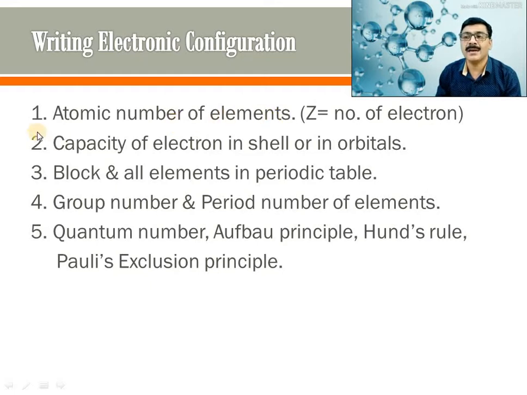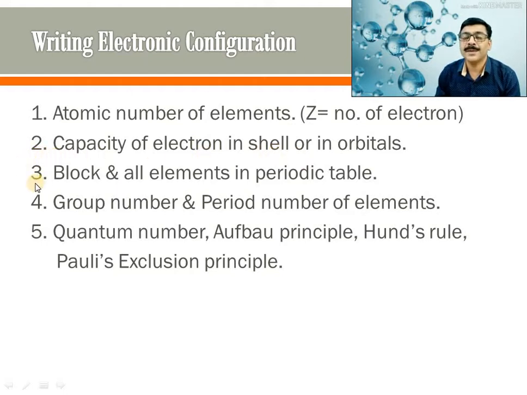Then the second term, you have to know the capacity of electrons in shells or in orbitals. If you know the capacity of the K shell, M shell, N shell, and also the capacity of the s orbital, p orbital, d orbital, then you can easily write the electronic configuration.